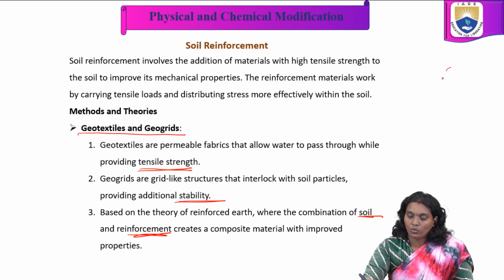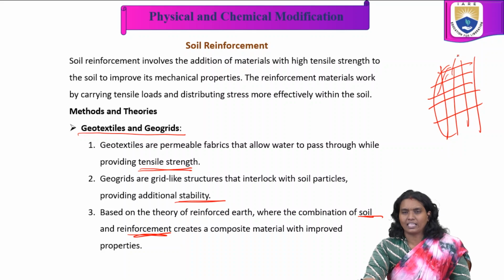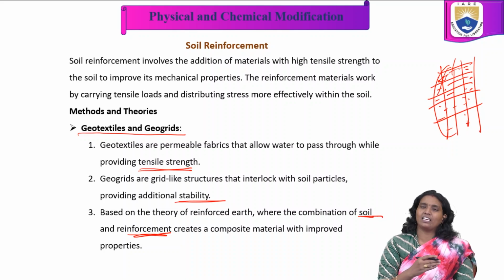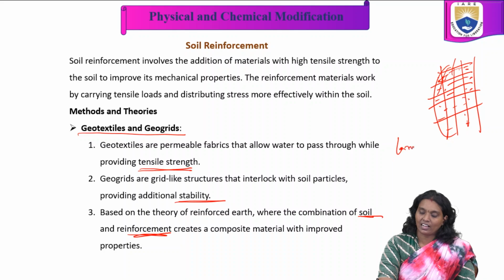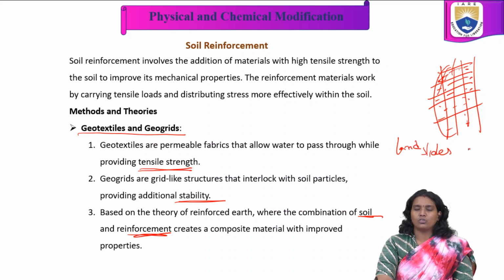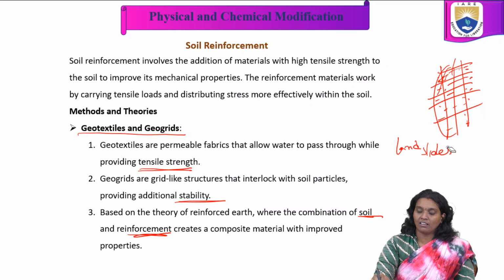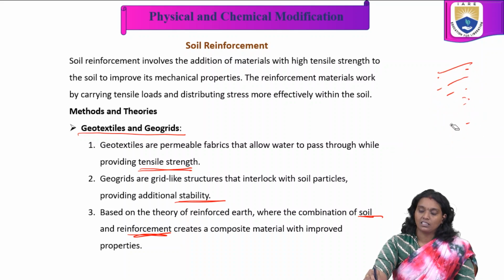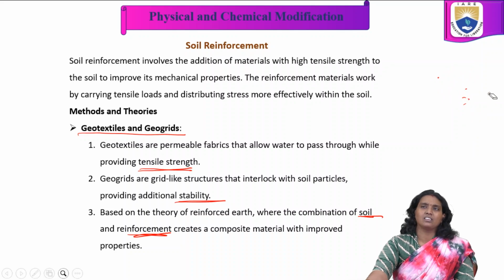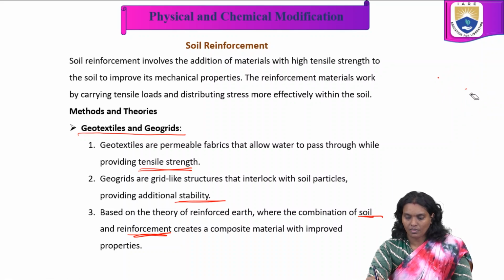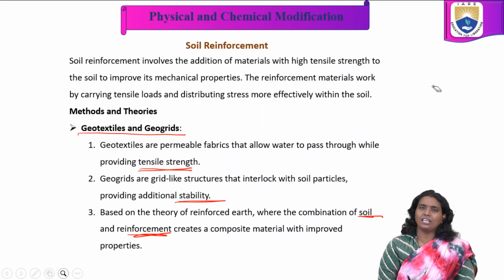Whenever loose soil is available, we use these kinds of reinforcement grids or textiles, or some mesh, or we may pour some concrete. And whenever water is present, in rivers, or whenever landslides have occurred, for retaining walls, whenever the soil is loose, we are going to prefer soil reinforcement for getting the desired properties of the structure.